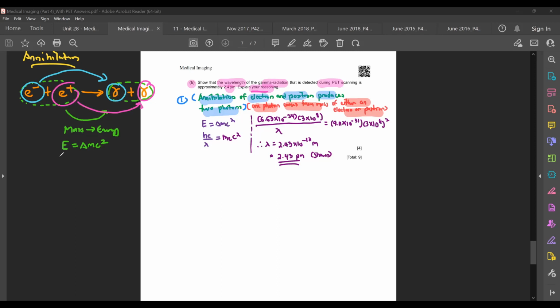So right now you can actually say that one photon is converted from the mass of either an electron or positron.